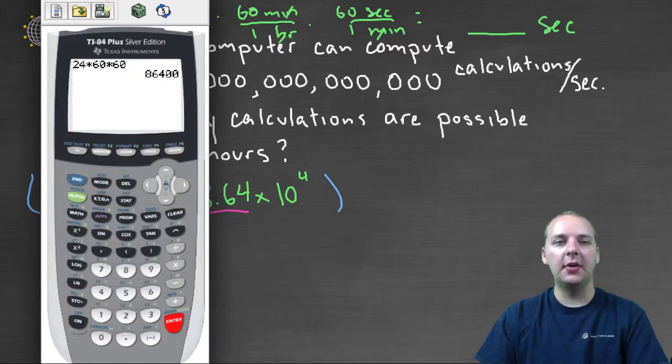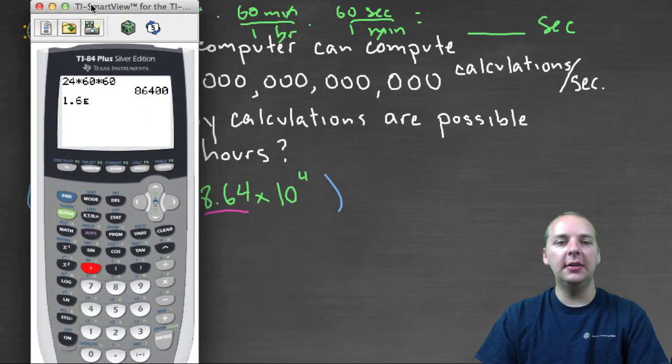So we could take this calculator and write 1.6 times 10. Actually, we don't even need the times 10. If you remember, the EE key takes care of the whole scientific notation. 1.6 times 10 to the, what was it, the 16th?